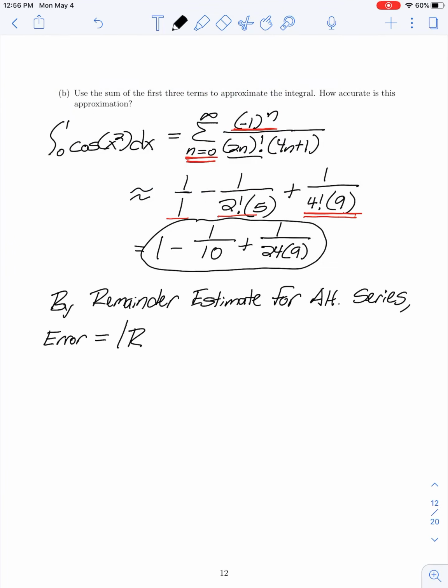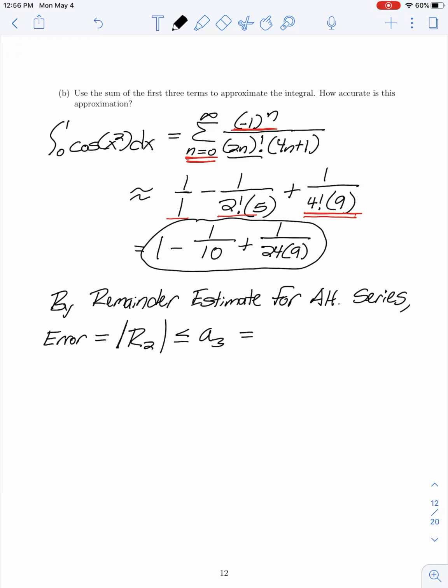So the error here is given by the absolute value of R2, which by the remainder estimate is bounded above by A3. That is the third term in our series, or the term corresponding to n equals 3.